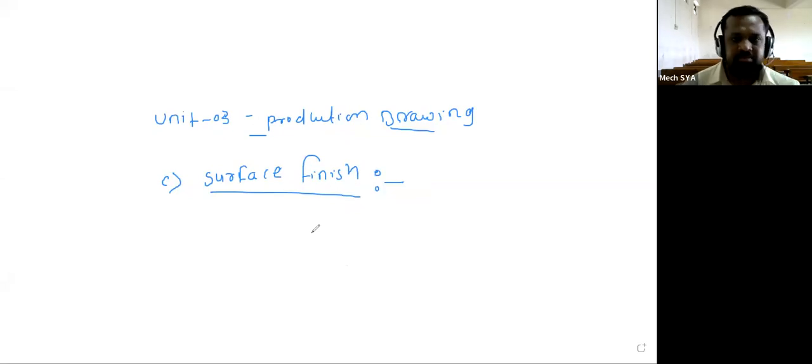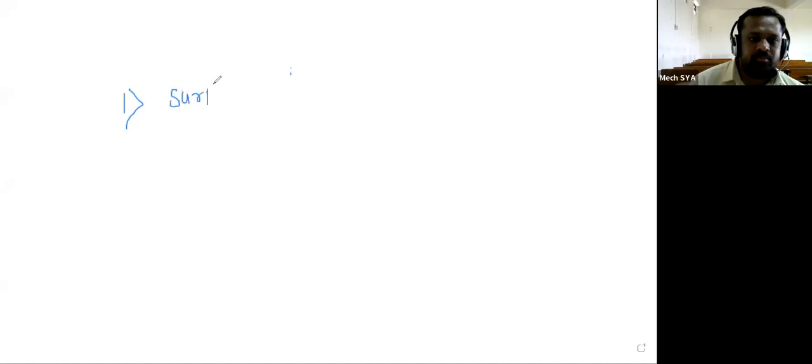Surface finishing, simple. So anybody having any idea what is meant by the surface finishing and what is meant by the surface roughness? In that surface finishing we can see here, first is surface roughness.